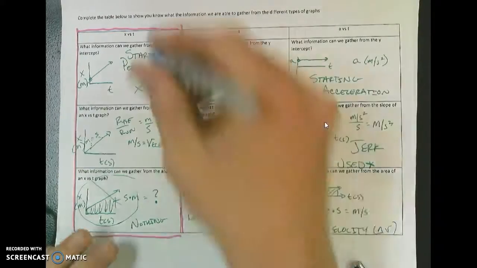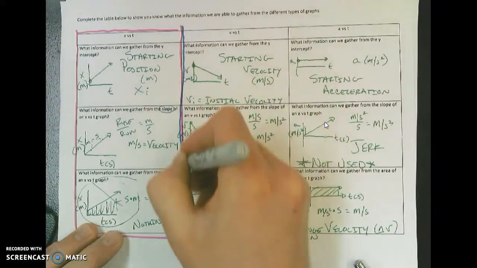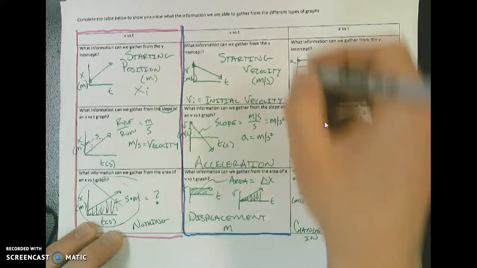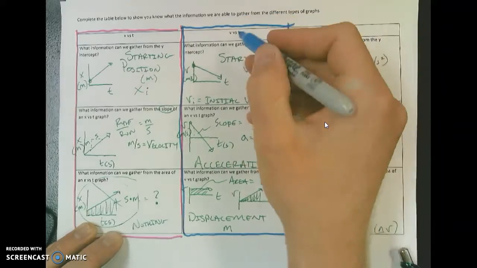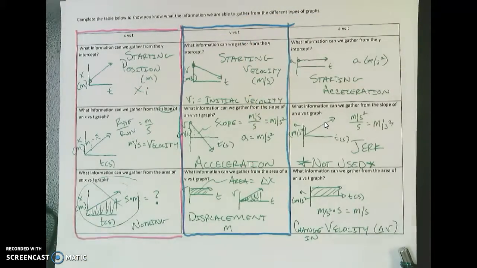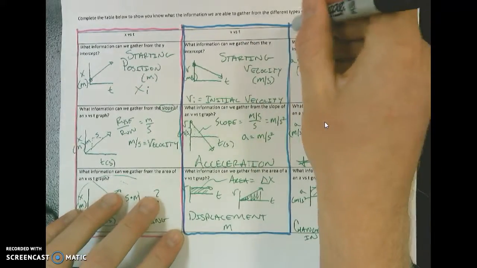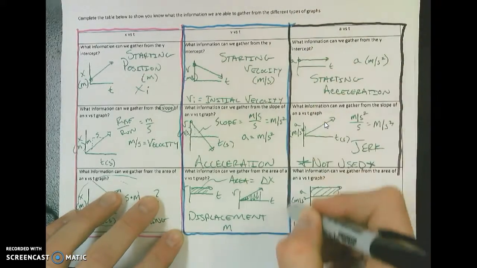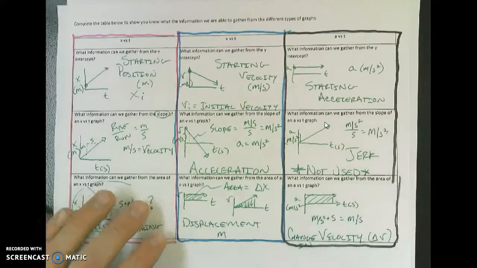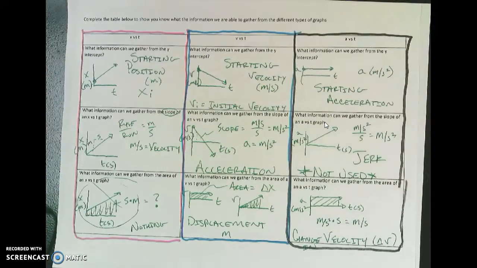All of this information here is information we can gather using a velocity versus time graph. And then lastly, all of this information here is information we can gather using an acceleration graph. So hopefully you guys are able to fill this out on your own now.